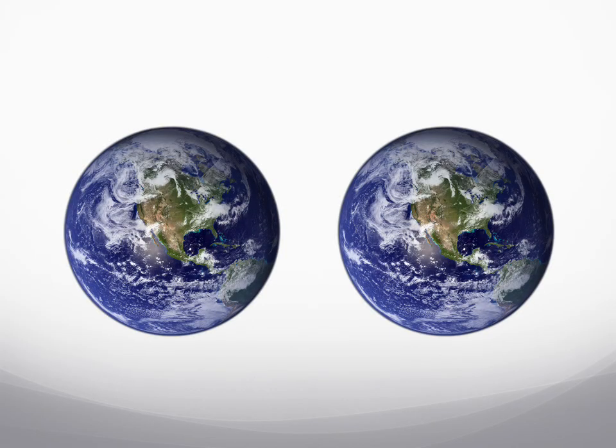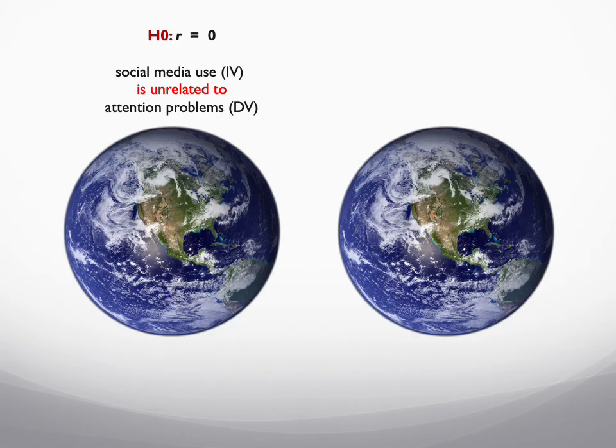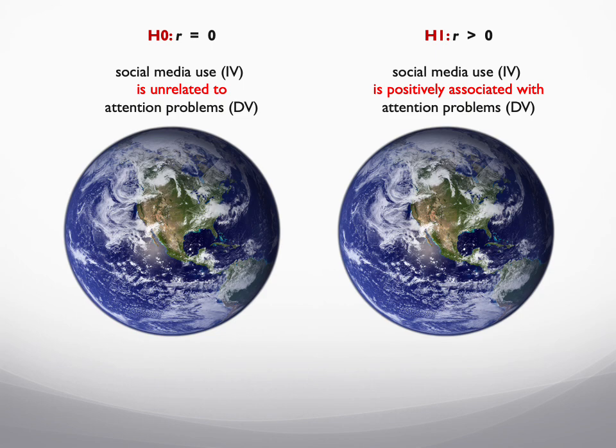Think about it this way. There's two possible worlds that I live in. I might live in the world of the null hypothesis, where social media use is unrelated to attention problems. Or I might live in the world of my research hypothesis, where social media use is positively associated with attention problems. And I want to know which world I live in.